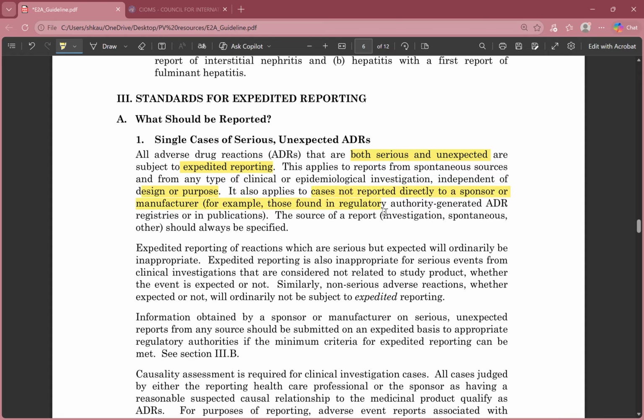So the case is not directly reported to the sponsor or manufacturer. When we talk about clinical investigation cases, we have sponsors. Sponsors are majorly the ones who are running or funding the study. This can be any company, organization or institution that initiates, manages or finances a clinical study of a drug or medicinal product, and it is responsible for ensuring that the study follows regulations and that reporting of the safety data is done.